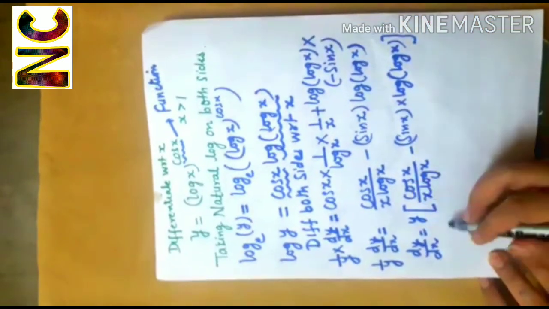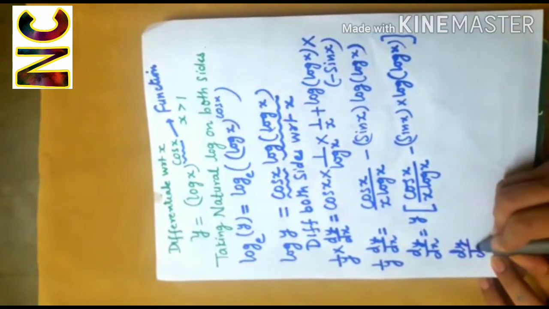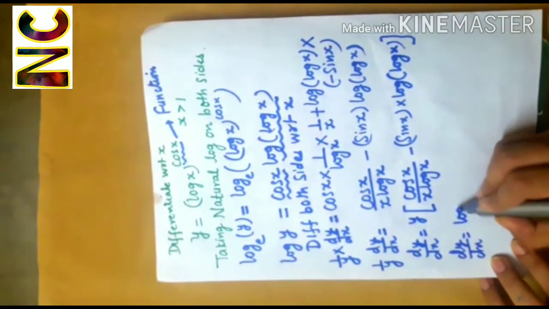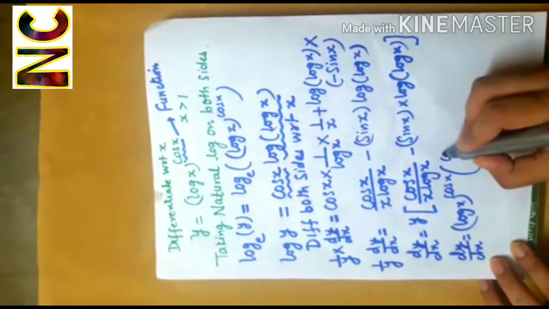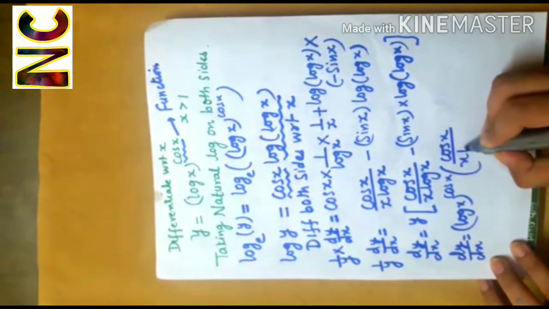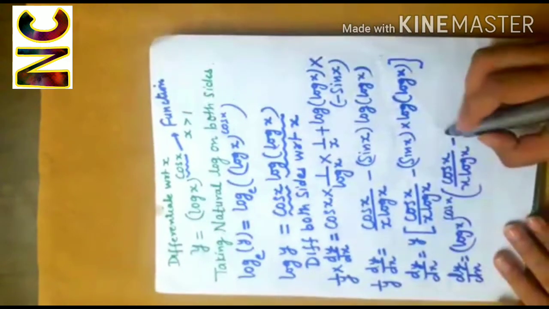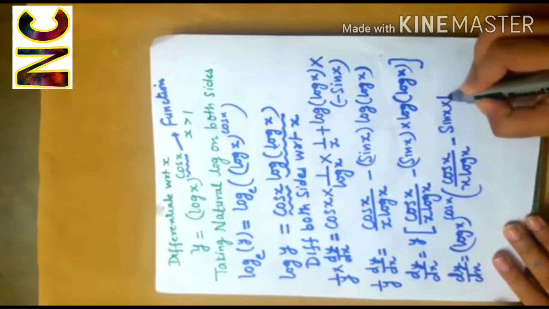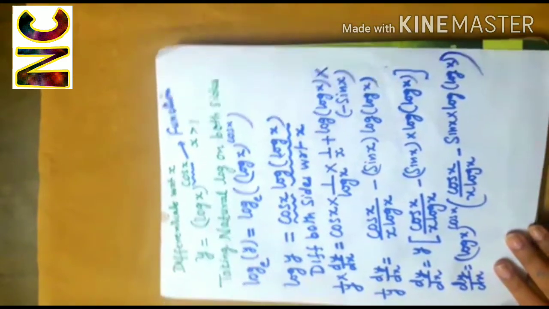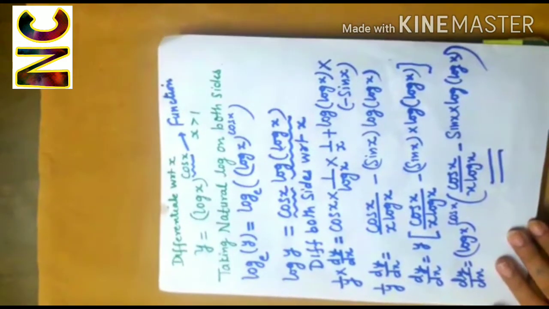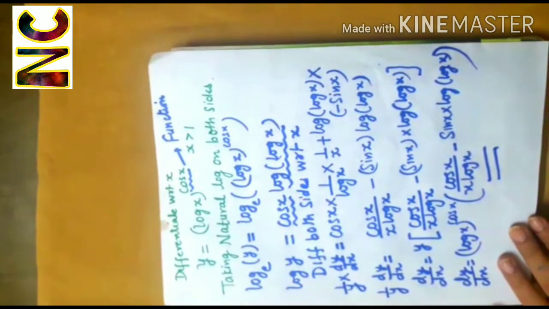Put the value of y. So dy by dx is log x raised to the power cos x into cos x over x log x minus sin x into log log x. This is dy by dx.